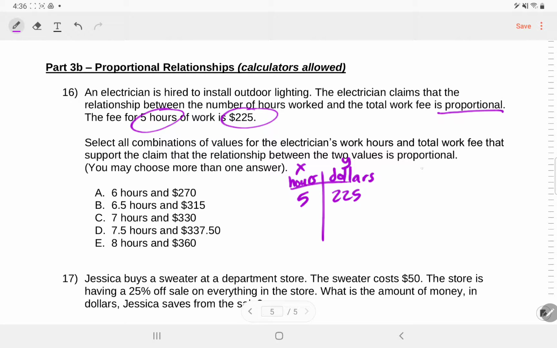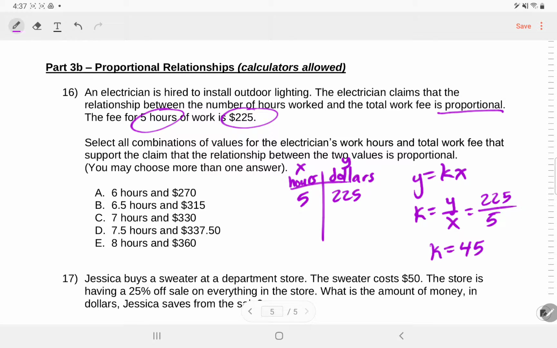So remember, to find our K value, we know it's equal to Y over X. So Y is 225 over X, which is 5. 5 goes into 225 45 times. 45 times 5 is 225. So every time we have the number of hours, we multiply that by 45 to get our amount of dollars.